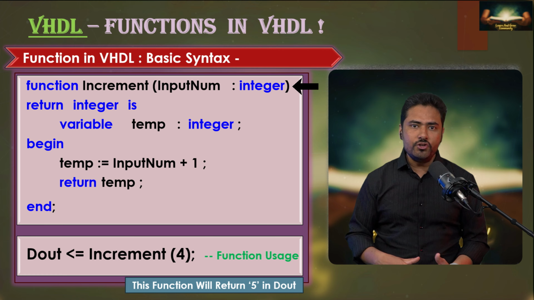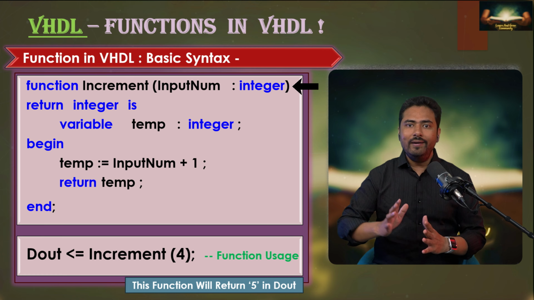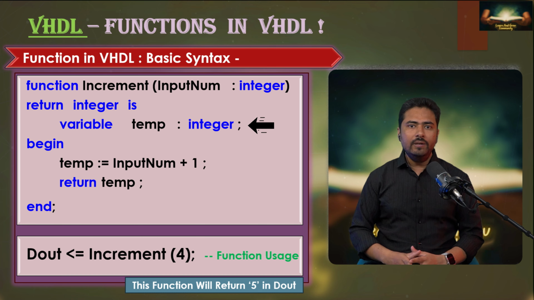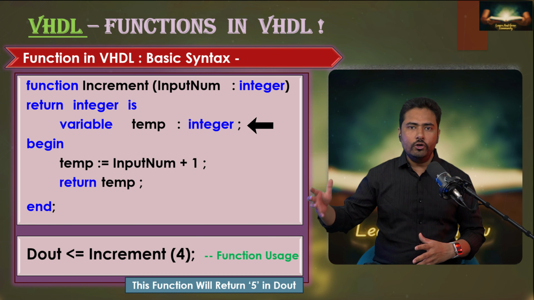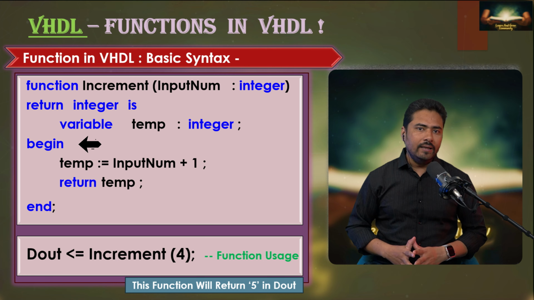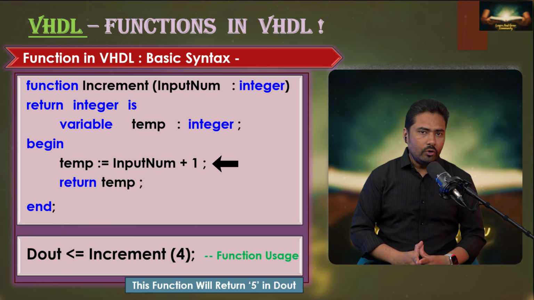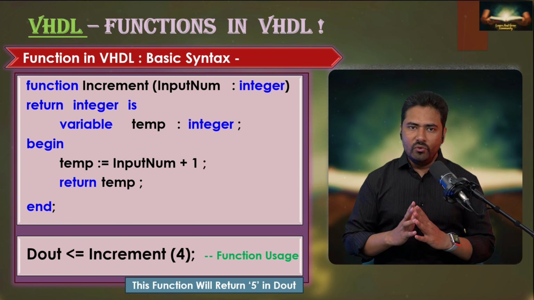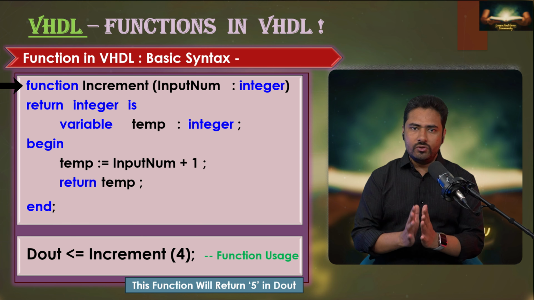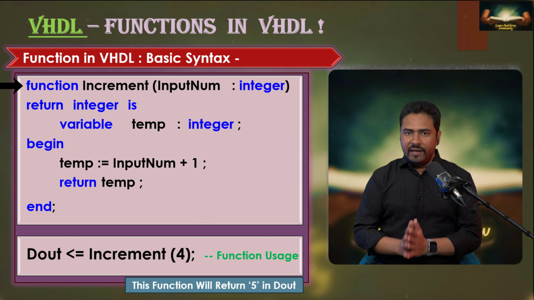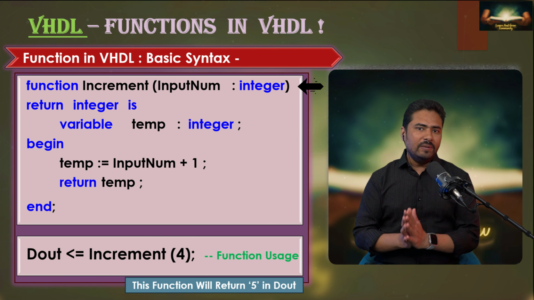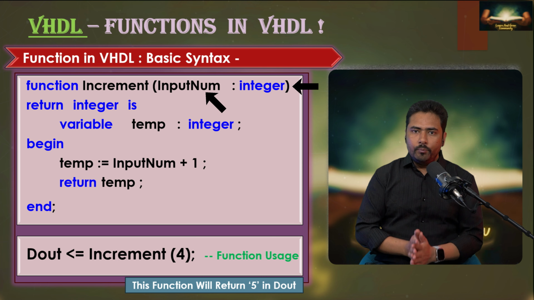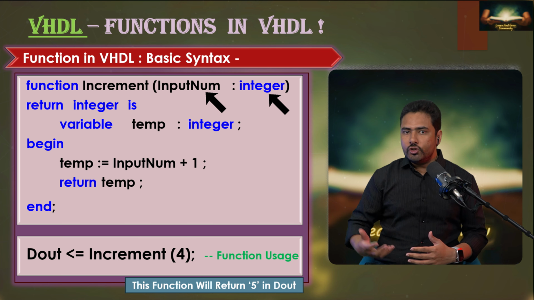Function increment (input_num : integer) return integer is variable temp : integer; begin temp := input_num + 1; return temp; end. We start by using the function keyword to declare the function. We name this function increment and specify the input parameter. In our case, it is input_num, and this is an integer.